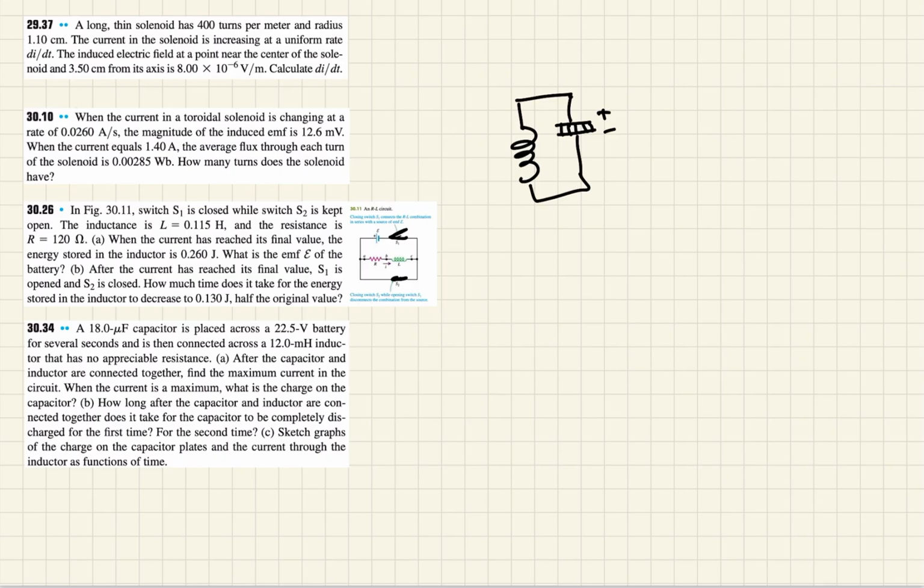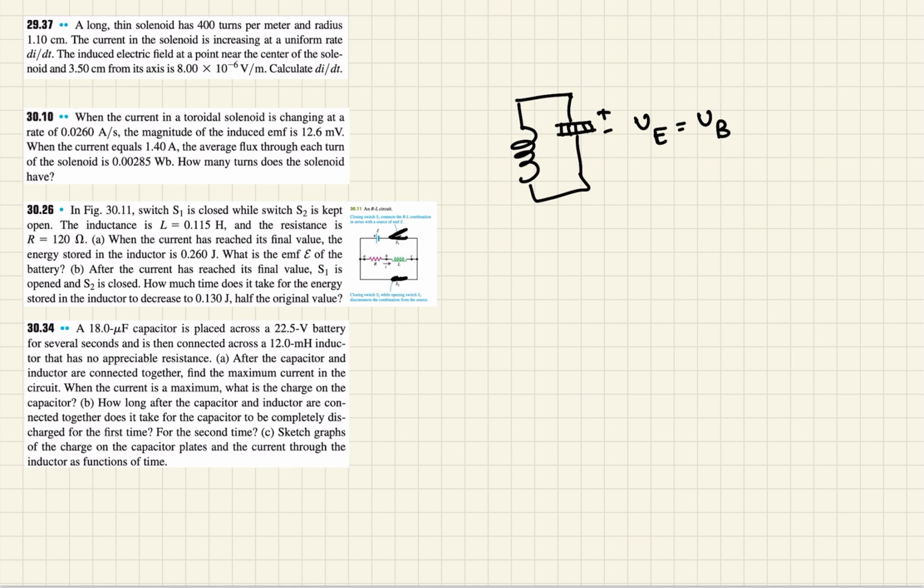But we can set the initial capacitor energy equal to the inductor energy, because when the capacitor is completely full, the current is 0, and when the current is 0, the capacitor is completely full. We want when the inductor is completely charged, because that's when the current would be the maximum.